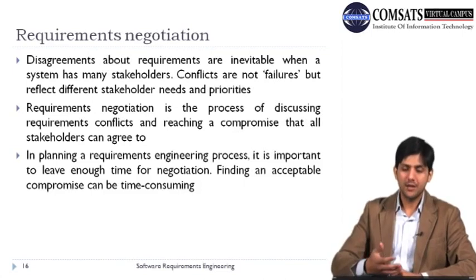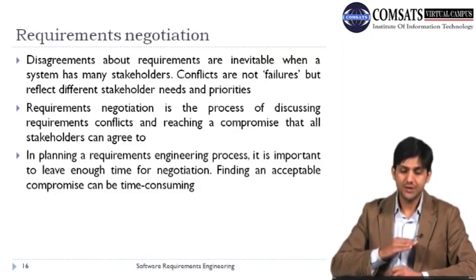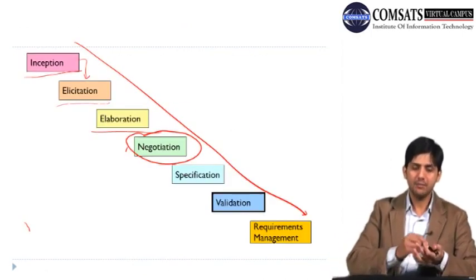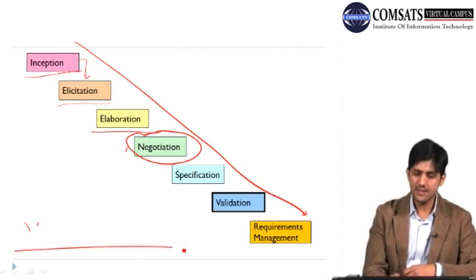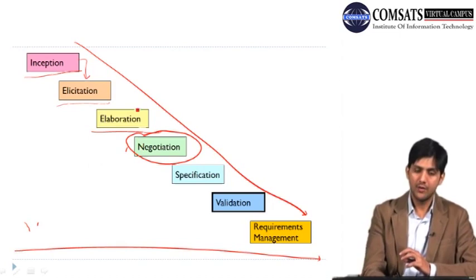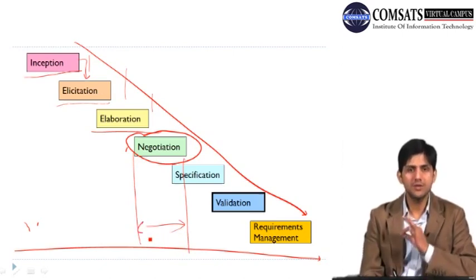In planning a requirement engineering process, it is important to leave enough time for negotiation. If we look back at this particular diagram, this is how we plan our requirement engineering to go through, that we will start with inception, elicitation. We should keep enough time for negotiation, because this is really important, and we will need some time to actually negotiate with our client.